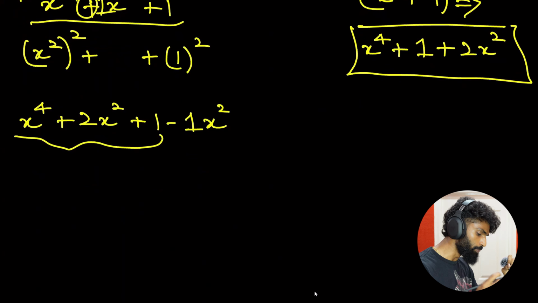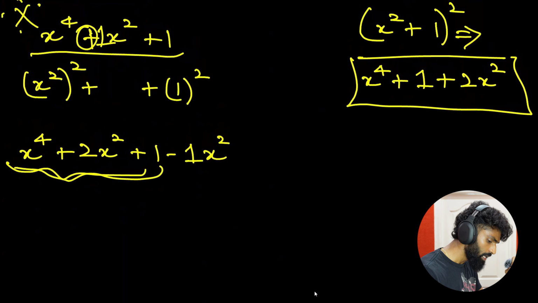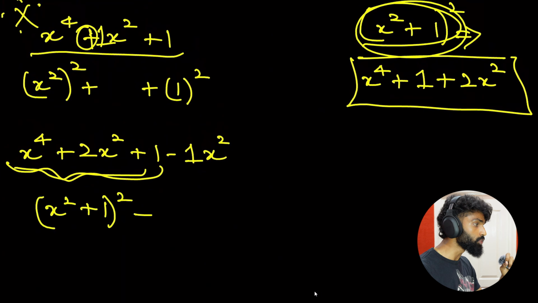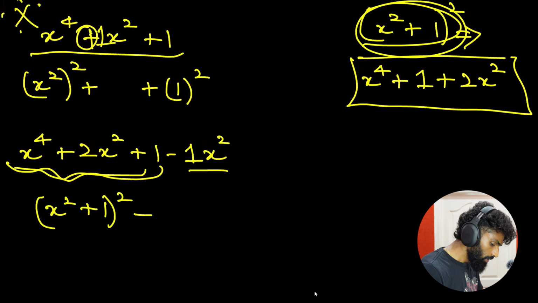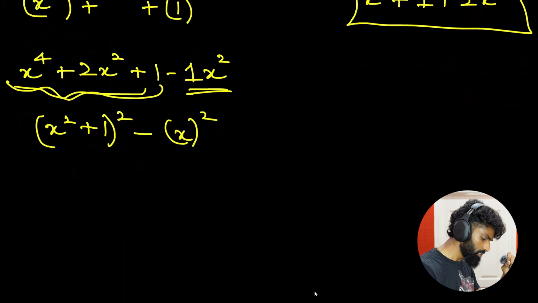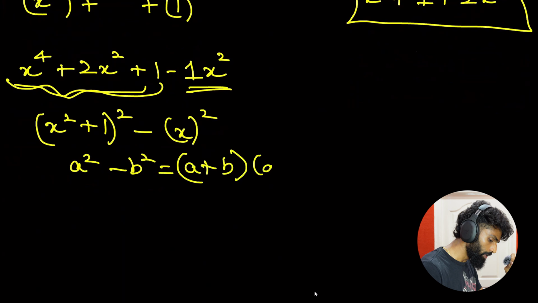Now focus. This is simple. Whatever I've marked, highlighted here, don't you think I can write that as x square plus 1 the whole square? I'll copy that, x square plus 1 the whole square. I'll copy the minus as it is. I'm writing in terms of whole squares. So 1x square is nothing but x the whole square. Correct? Now this is in the form of a square minus b square, where I'm going to get the answer as a plus b into a minus b.